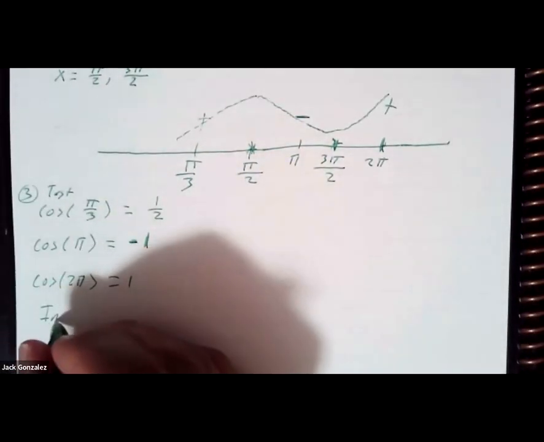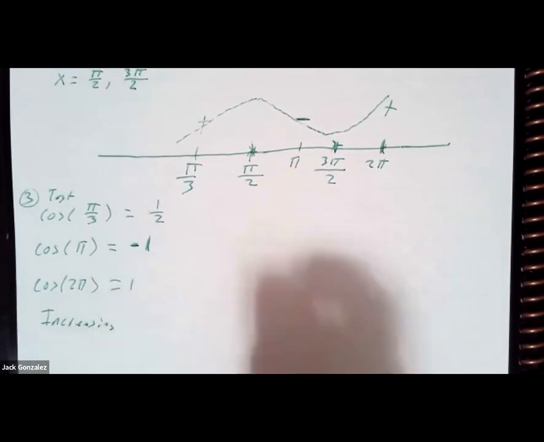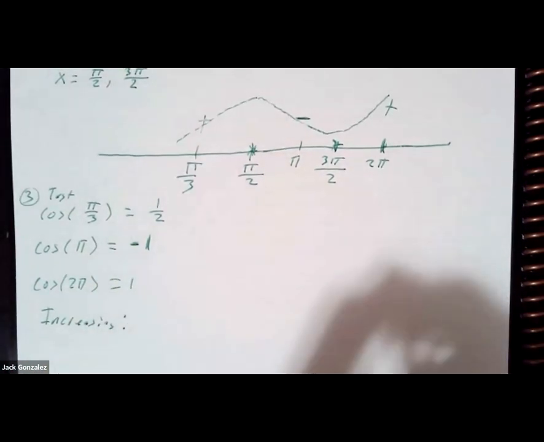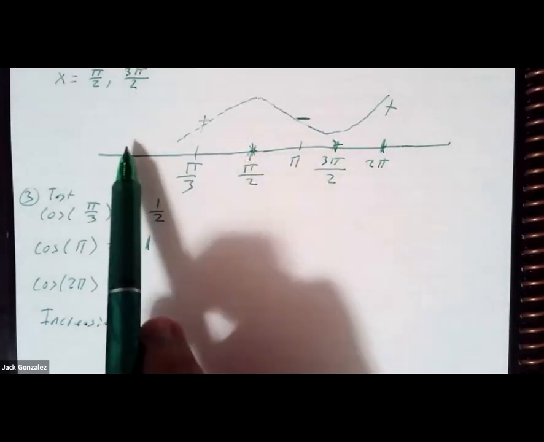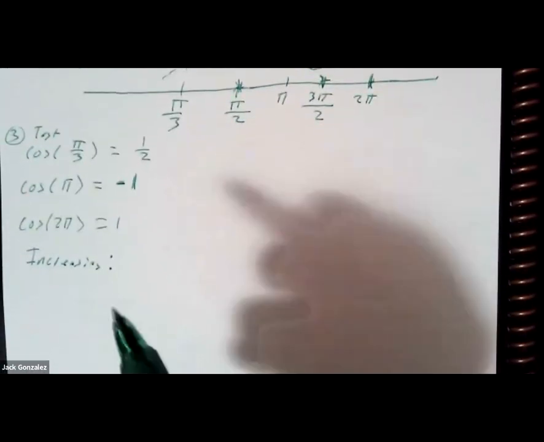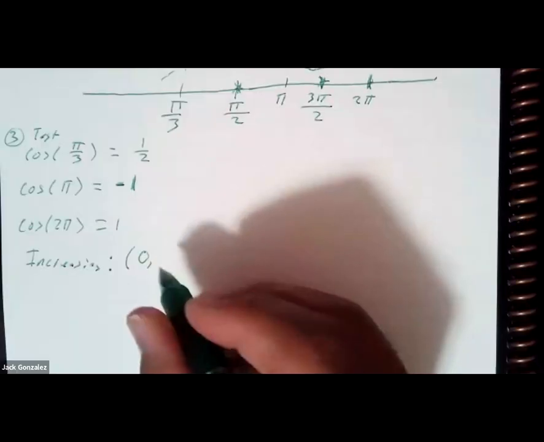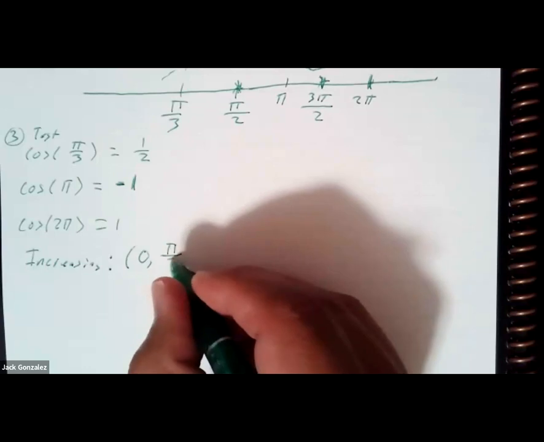So where are we increasing? From negative infinity to pi. Well, up to pi over 2, right? The only thing is they told us to stay 0 to 2 pi, so we have to put 0 as the lowest one. It'd be 0 to pi over 2 because of the restriction they gave us.